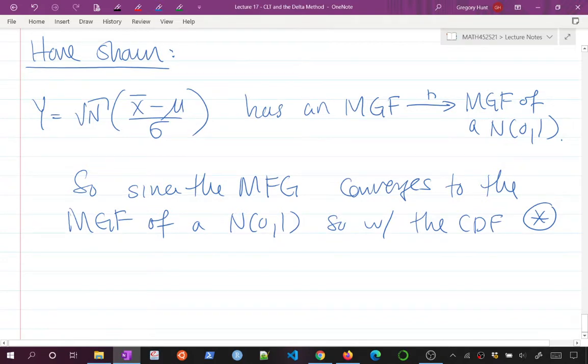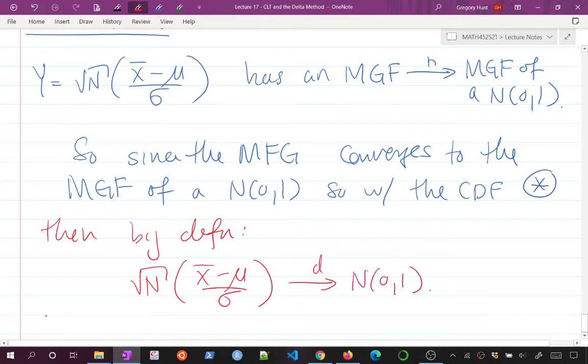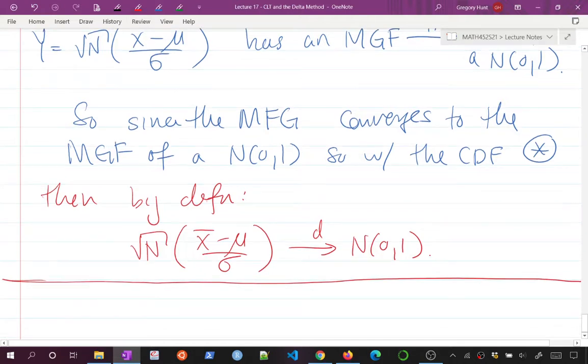And so since what we've shown is that the MGF of this thing converges to the MGF of a standard normal, if you believe my little asterisk here, this means that the CDF of Y will converge to the CDF of a standard normal. That is, by definition, the fact that Y, which is root n times (x bar minus mu) over sigma, will converge in distribution to a standard normal. So that's our proof of the central limit theorem.